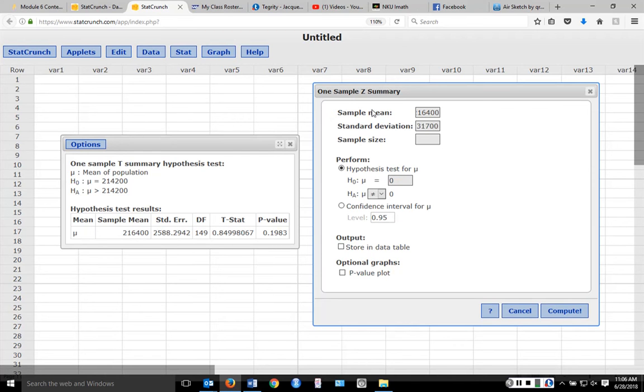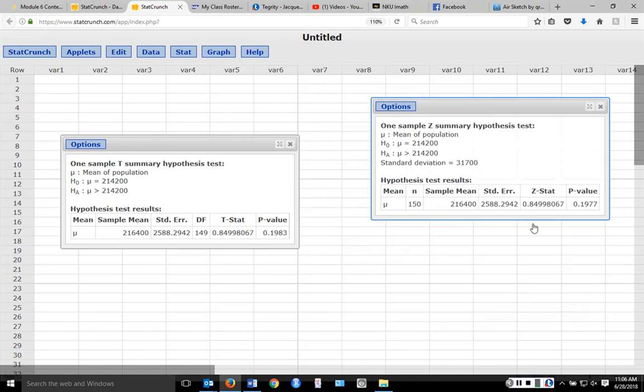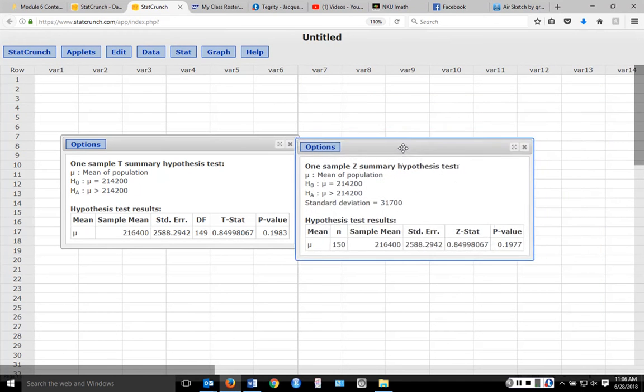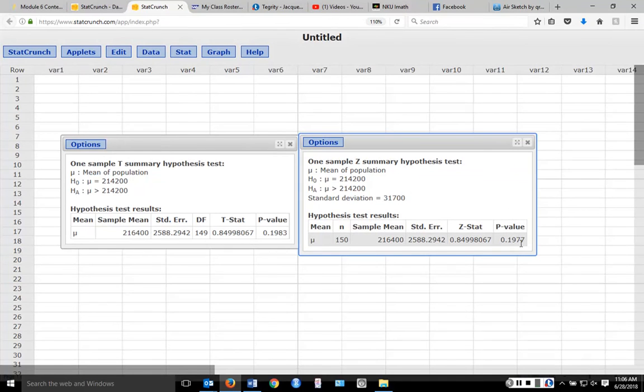So it thinks that's my population standard deviation. So you will get slightly different looking p-values, but you'll notice that everything else looks the same.